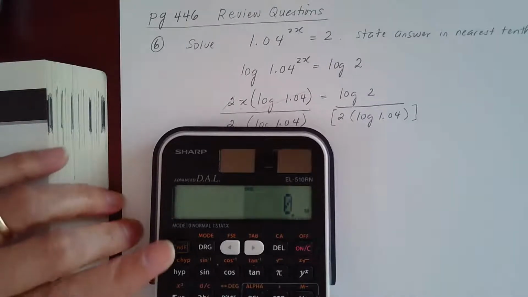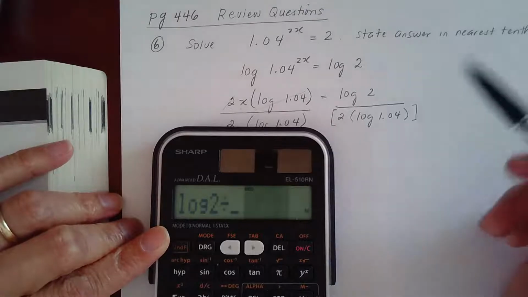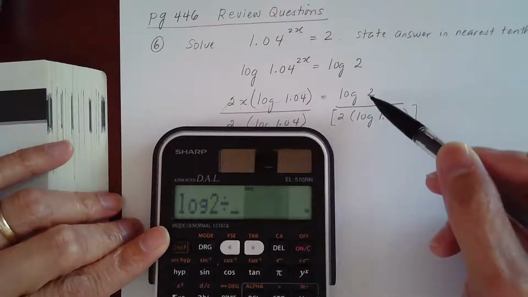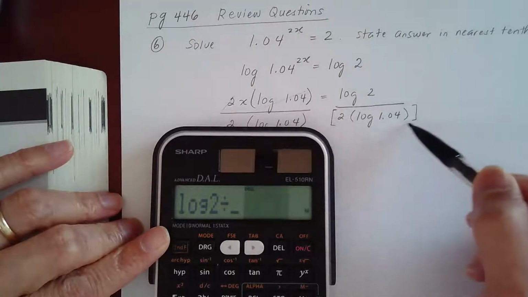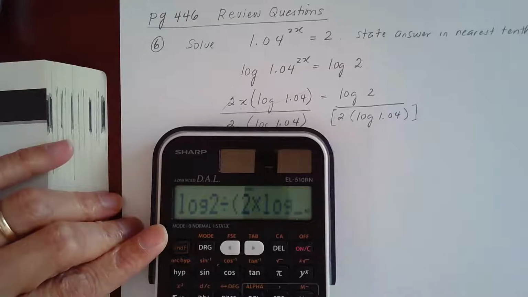So log of 2, and I'm going to tell my calculator that I'm dividing by all of these denominators. So divided by brackets, 2 times log of 1.04, and then press equals.